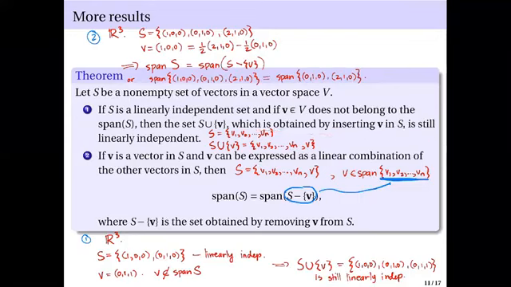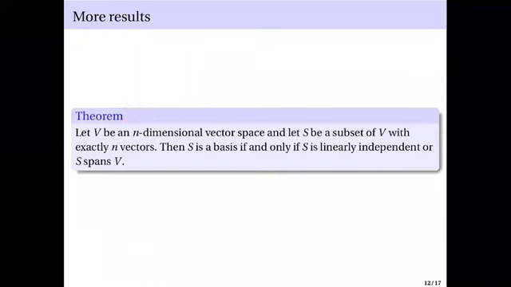Next theorem here. Let V be an n-dimensional vector space. So this time we have an n-dimensional vector space. And let S be a subset of V with exactly n vectors. Okay?